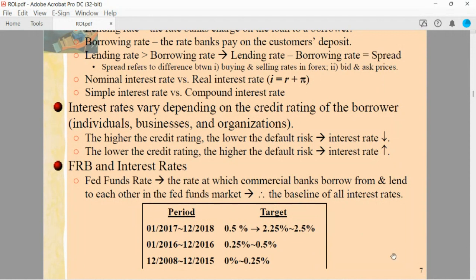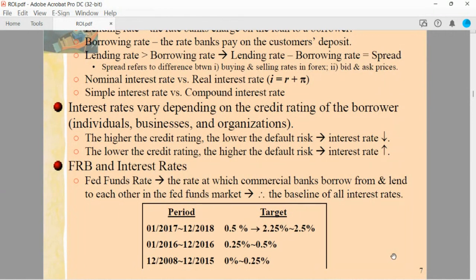So once again, when the Federal Reserve changes the Fed funds rate, it's not the actual market rate, and they can only set the goal. And through the market mechanism, we are living in a market economy.